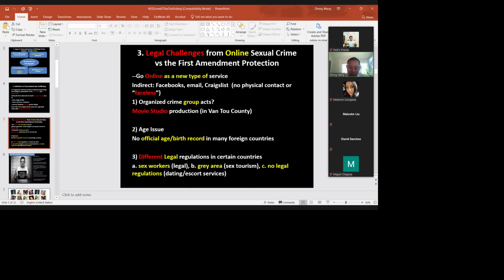So how old is she? It's just based on the parent's memory. The parent can say 18, 20, 19. There's no official birth certificate, no official age. It's based on their memory.